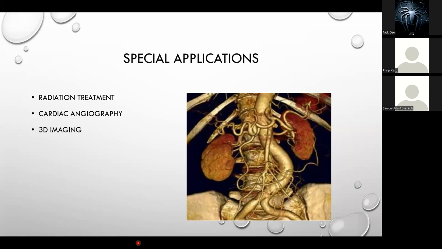Now, this patient, for whom they were planning a kidney transplant, they're able to use the CT scan to generate a 3D image of the vascular supply of the kidneys, the major vessels in the body, all of them set out nicely here on this 3D CT scan. So this is a 3D image.